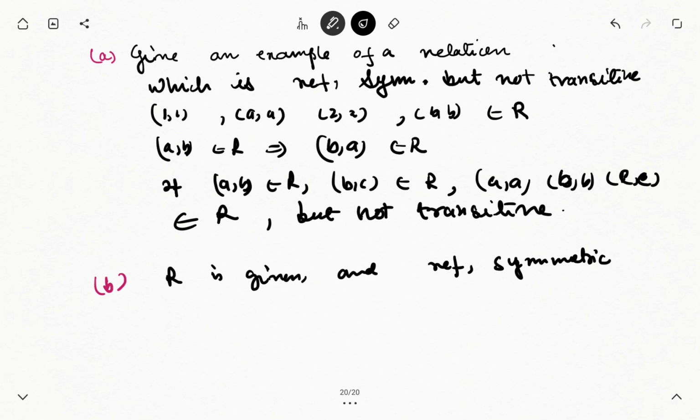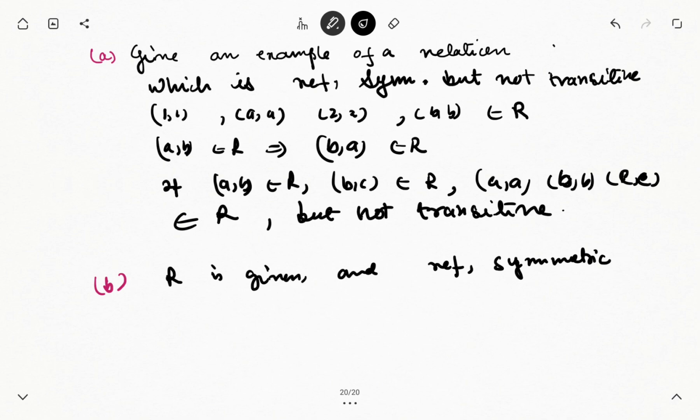We will take up this type of problems in our second lecture, because the elements in R are not enough to check, and then how and why we write down the answer that it is transitive. These two types of problems we are going to take in the second lecture, when we take up the questions from the book.